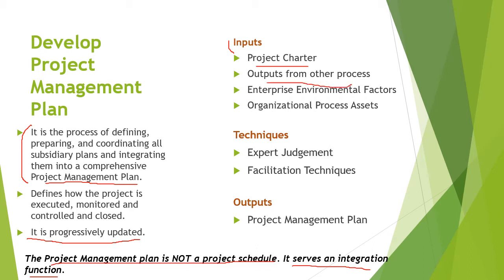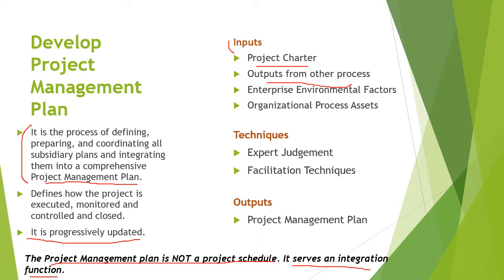All the outputs from other knowledge areas, as we have discussed, are integrated to create the project management plan. Any baselines or subsidiary plans that are output from the other planning processes are input to the develop project management plan phase. In addition, changes to these documents may necessitate updates to the project management plan also, right?